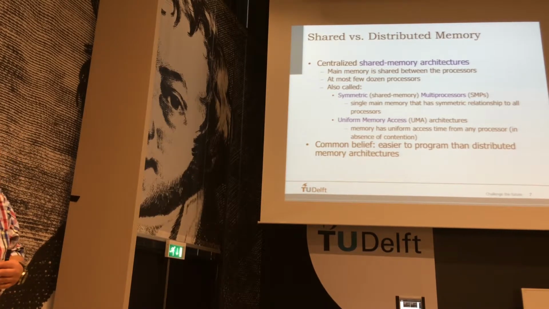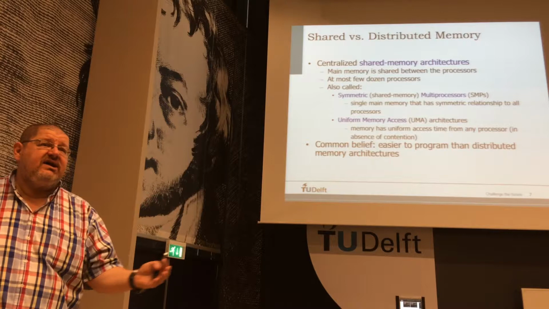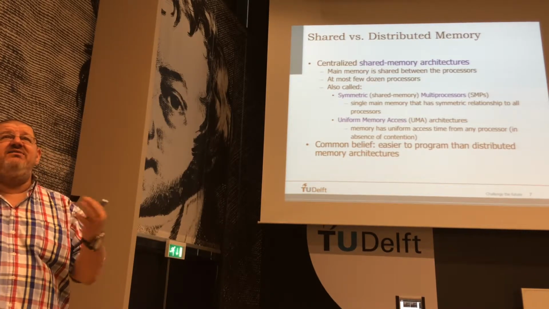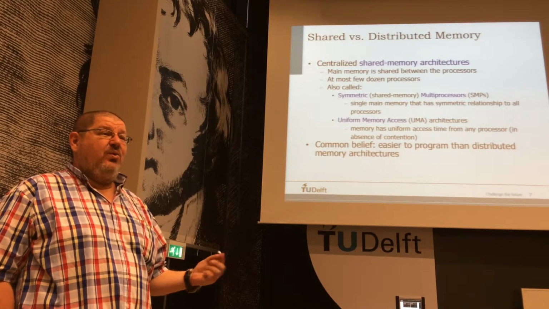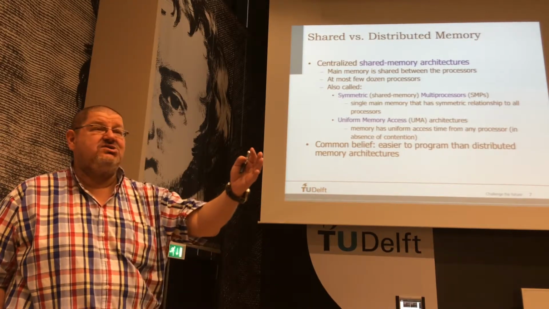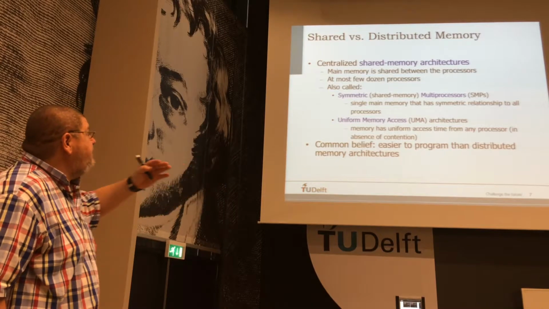Now, in order to exchange data, you have to have a common memory. Then you have to have a place, it's like a blackboard, where you should put things for the others. And there are two flavors of that.